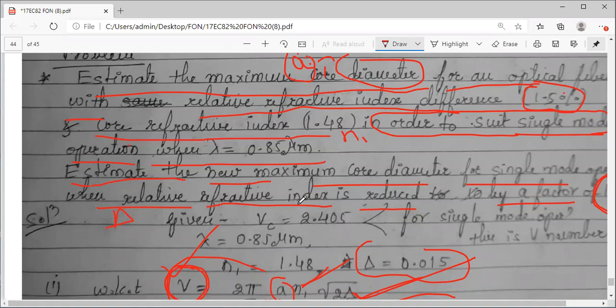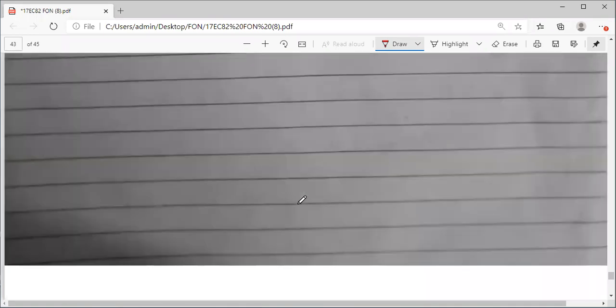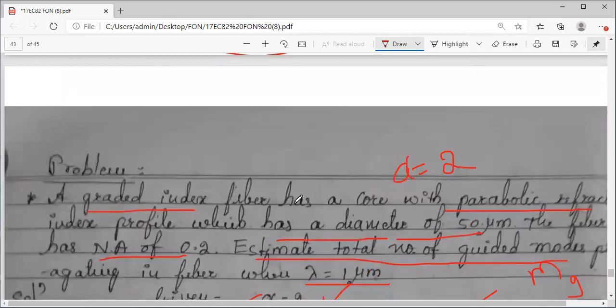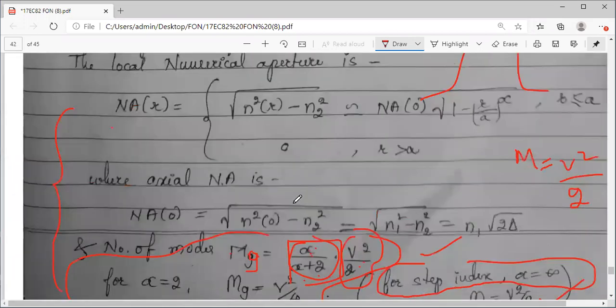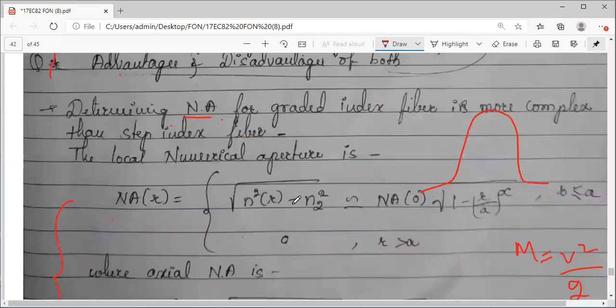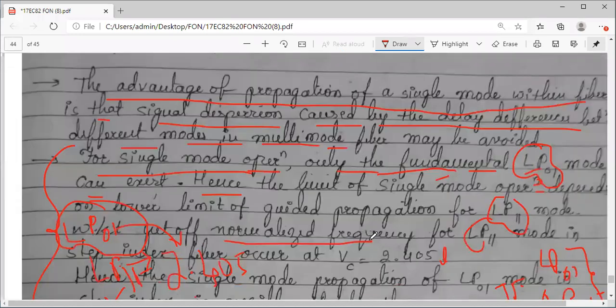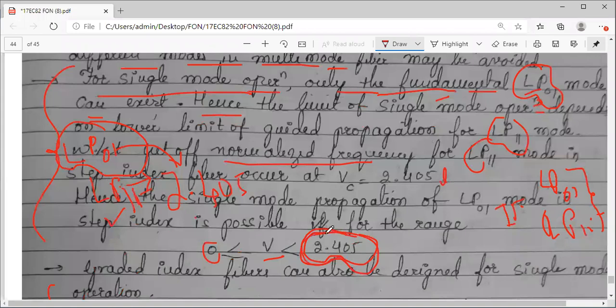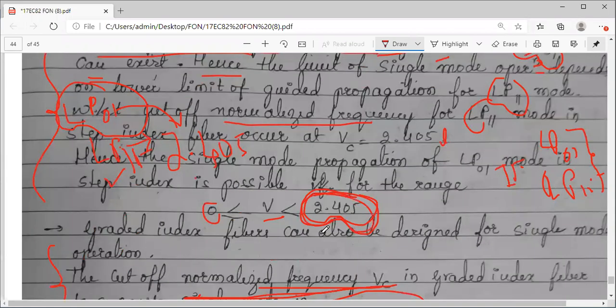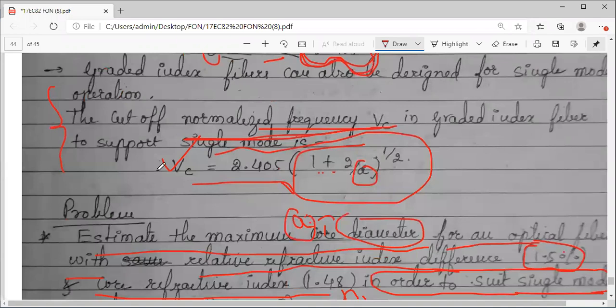For step index the maximum V number, the important value, is 2.4. That itself is the important value. Okay, 2.4 at the max for single mode operation for step index. For graded index, this normalized frequency has a formula.